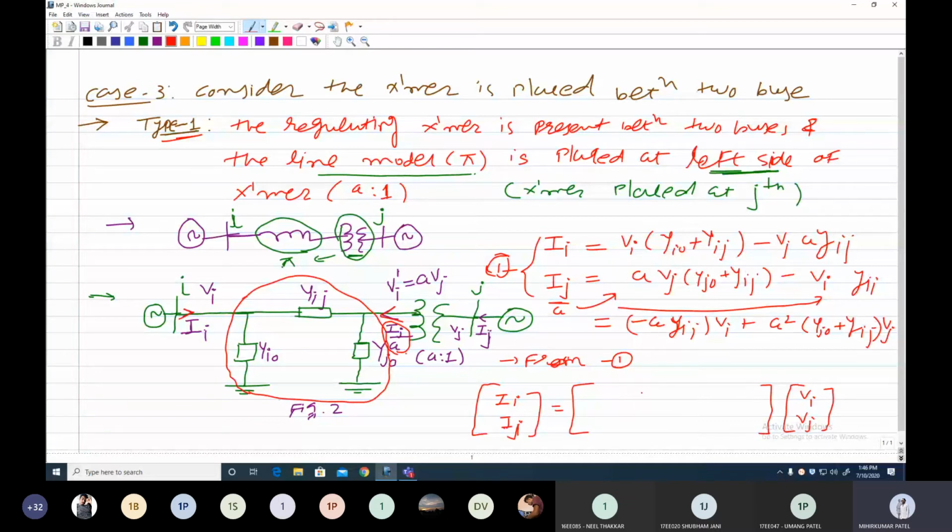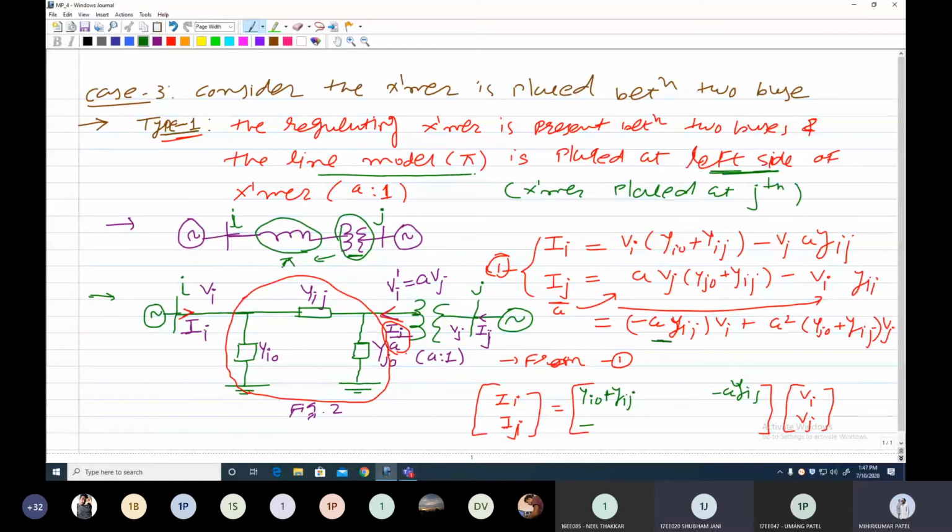What is the diagonal element Y11? Yi0 plus Yij, very good. The second element is minus A Yij, very good. Then for Y21, minus of A Yij.